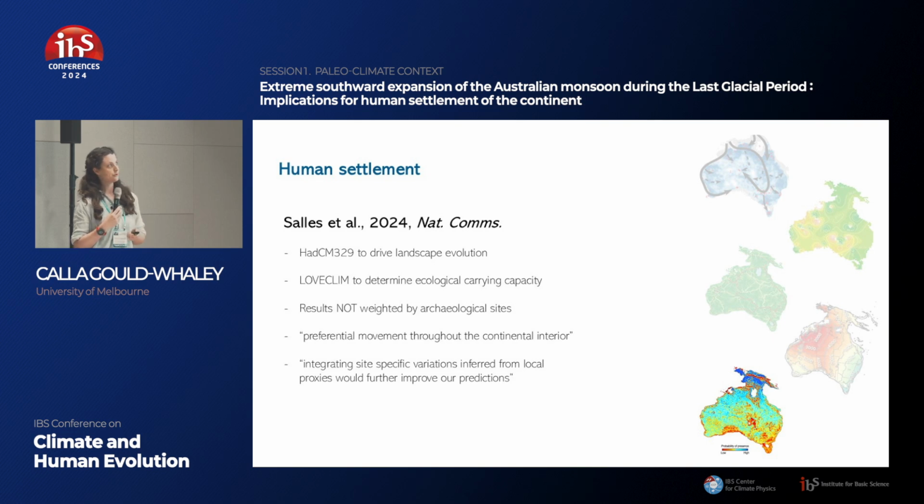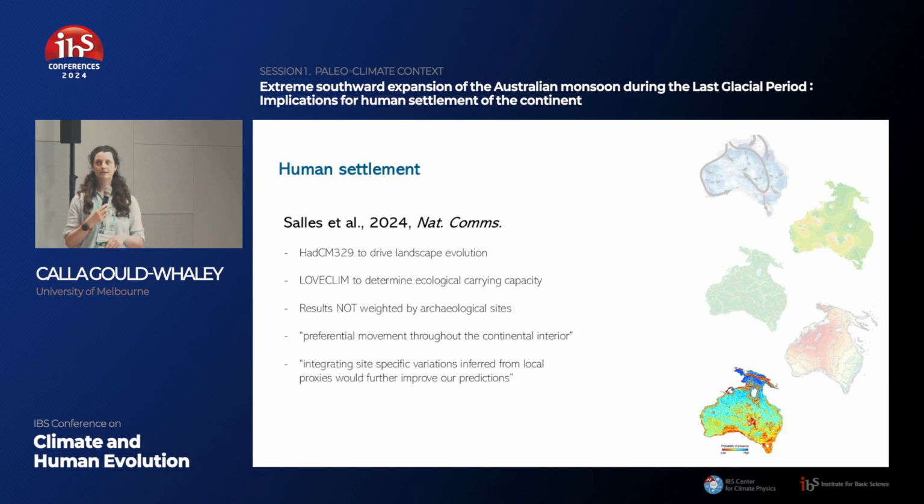In 2024 used the HadCM3 model output to drive landscape evolution, and the Lovelock model output to determine ecological carrying capacity. But as opposed to the previous ones, their results weren't weighted by the distribution of archaeological sites, but they still found preferential movement through the continental interior.